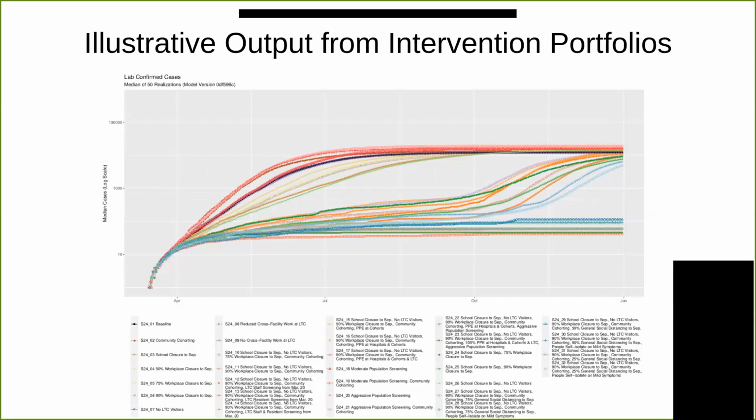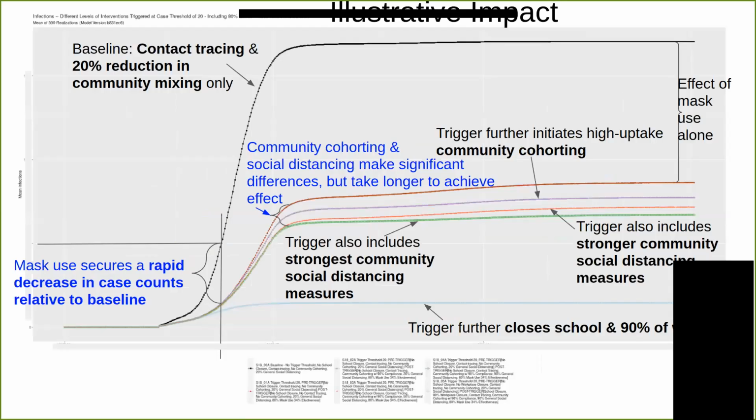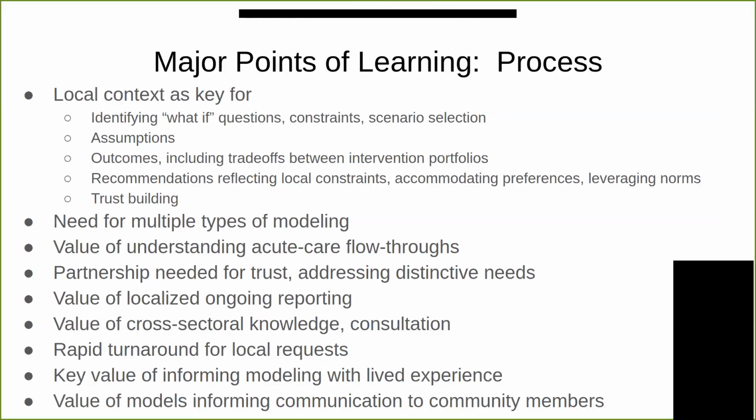I provide here illustrative input that deliberately is taken from output that are not the final results of the model, so I can share more freely here. Much of our work has been spent at the community level as well as at the provincial level, helping understand trade-offs between different types of interventions in light of different specific resourcing constraints and needs.